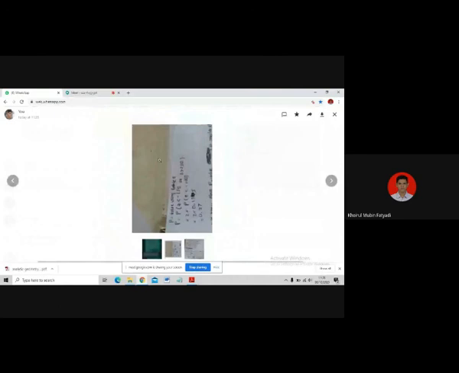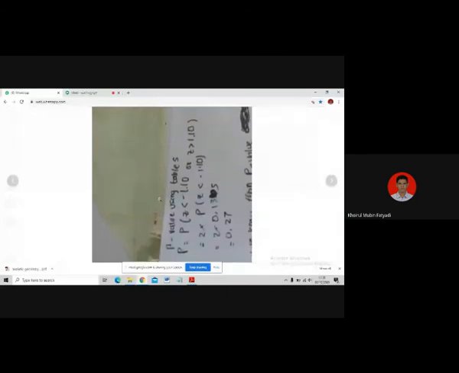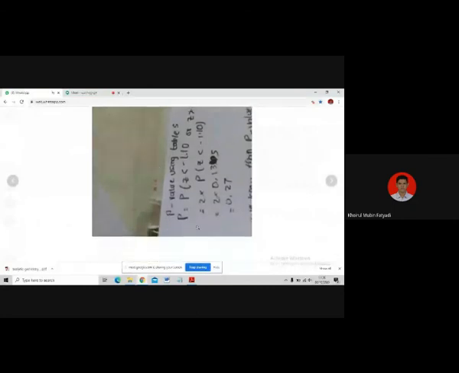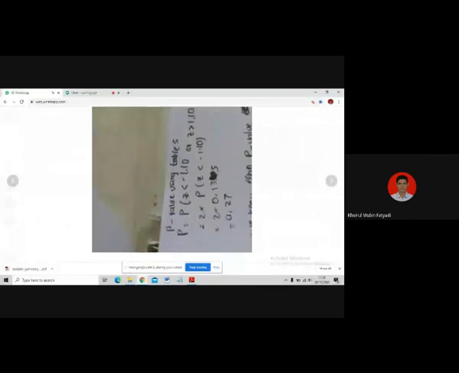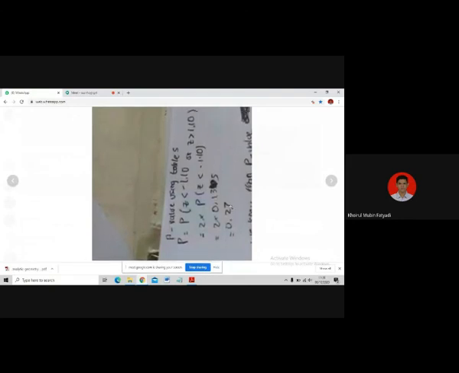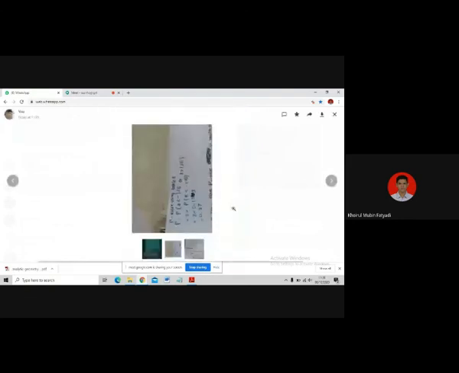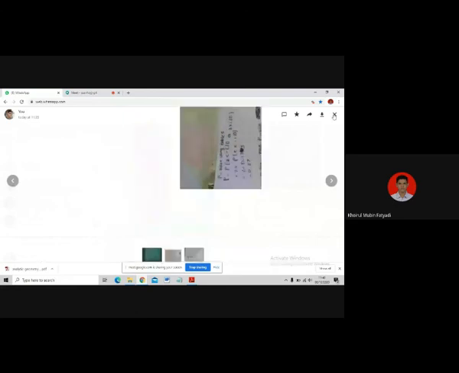Sorry, this is reversed. For the p-value using table 5, the previous table, we get p equal to 0.27. For A and F, I don't know how to answer it. Okay, that's all my answer.